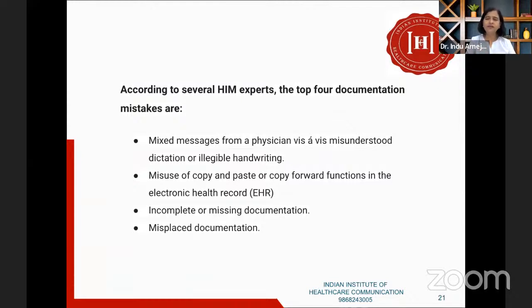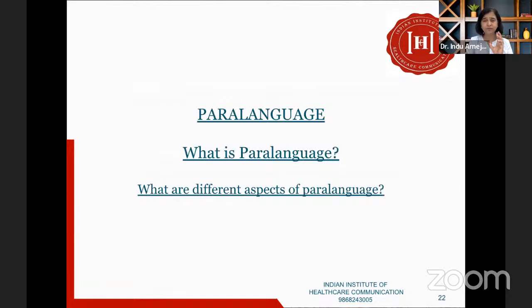Moving forward, the second part of the communication, which is very important and quite substantial in terms of its contribution, is paralanguage. What is your understanding of paralanguage?